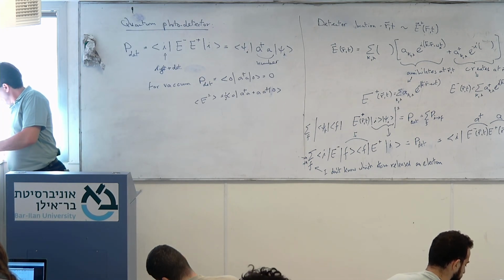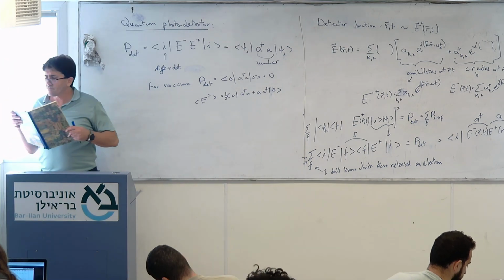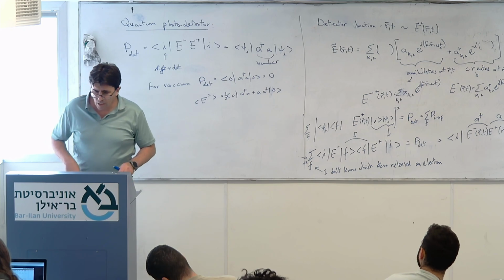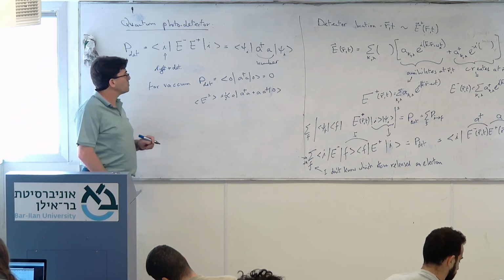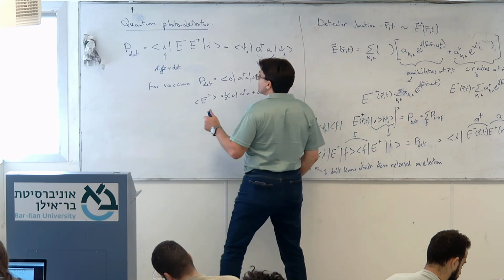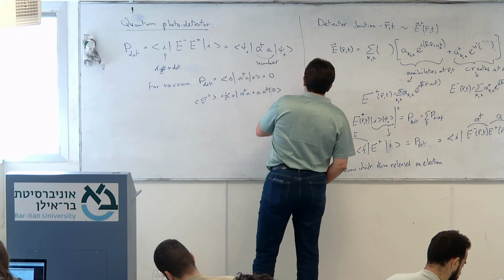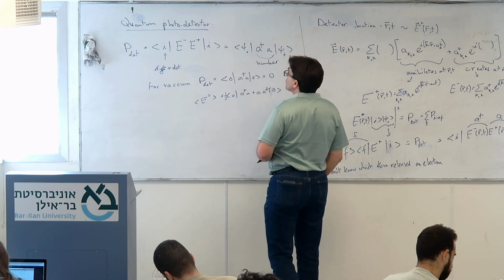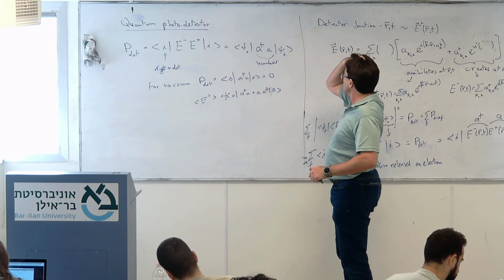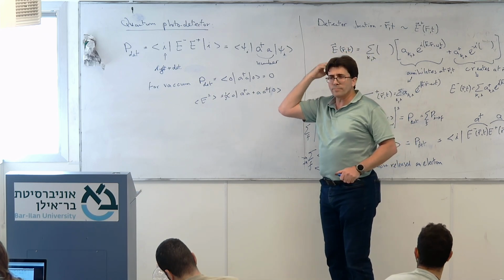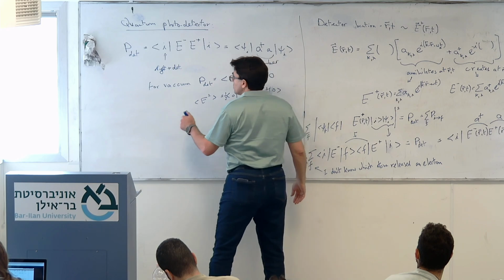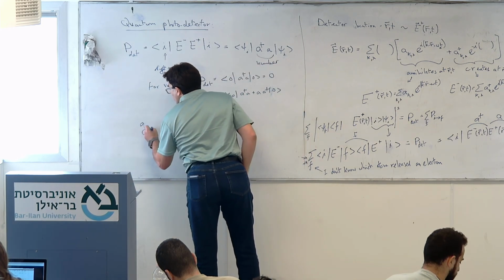So now let's look at this. Now we know what the quantum photodetector does, and we realize that the probability of detection is proportional to the number of quanta, so we can ask about what we call G2.